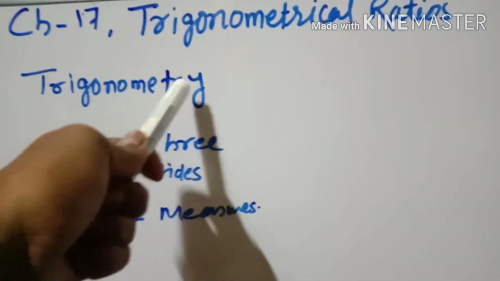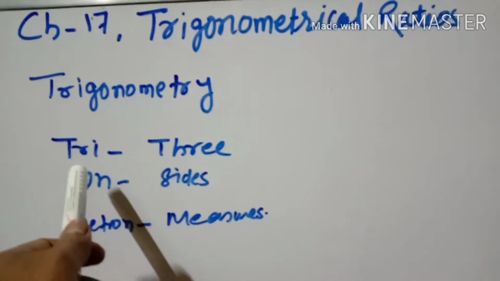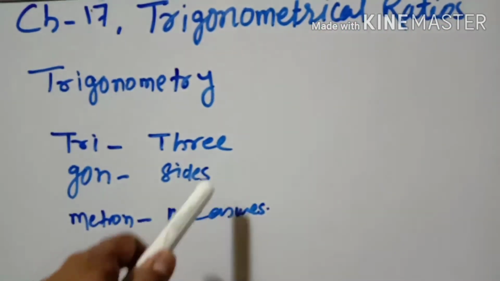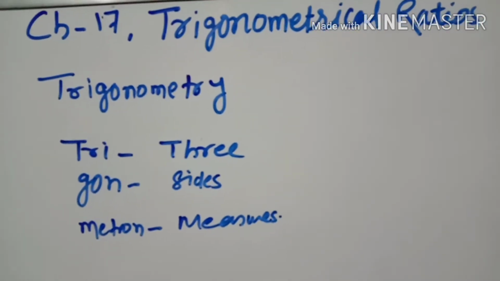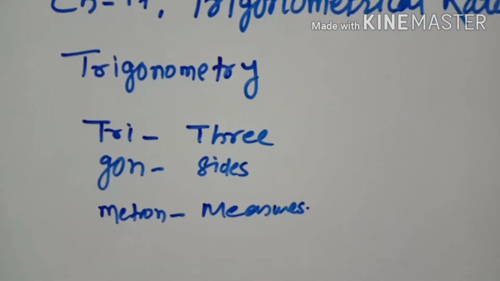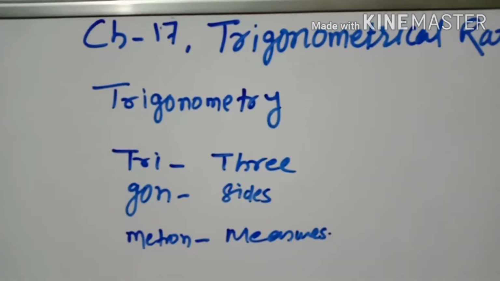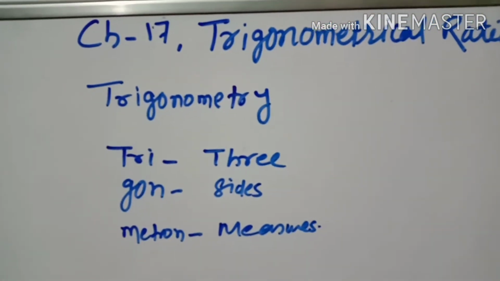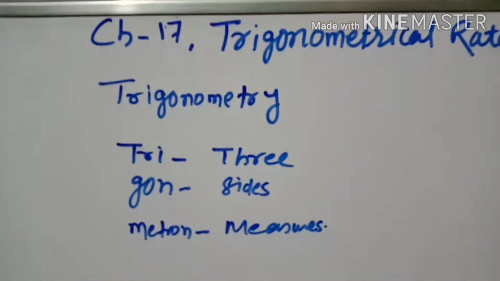The word trigonometry is derived from Greek. Tri means three, gon means sides, metron means measures. So earlier the astronomers used trigonometry to find the distance of the planets and stars from the earth.